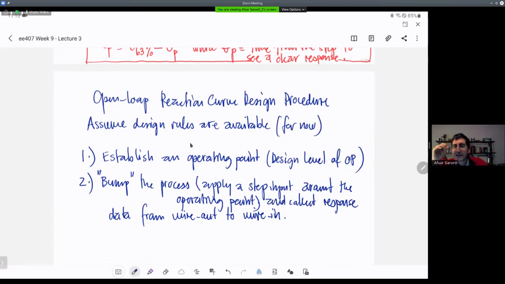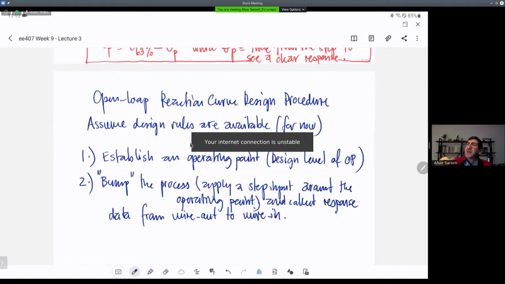You need to collect the response data from the point that the controller is actually seeing the plant. That means you need to take into account the effects of the communication line to the plant, the communication line from the plant, and so on and so forth.